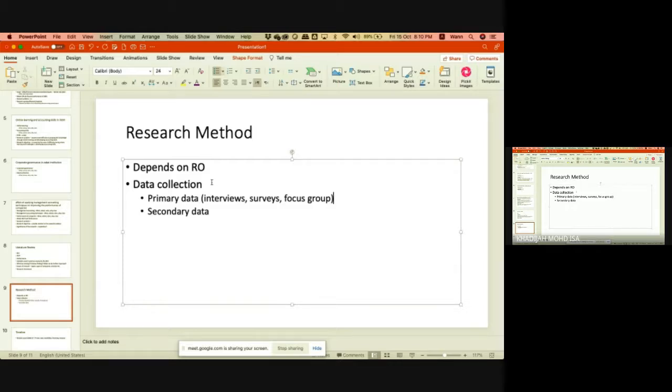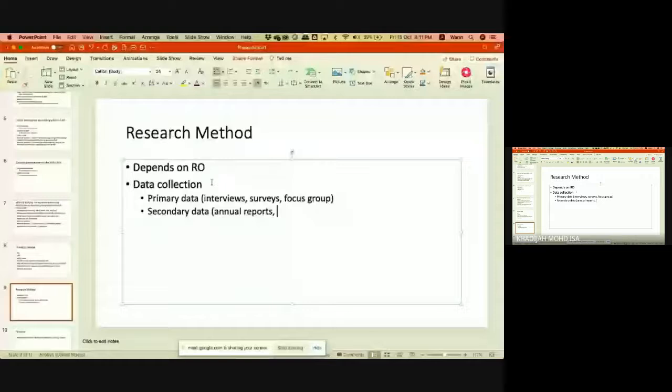But secondary data means data which is available already. You don't have to come up with the data. For example, your annual reports. What else other than that? Okay, database.